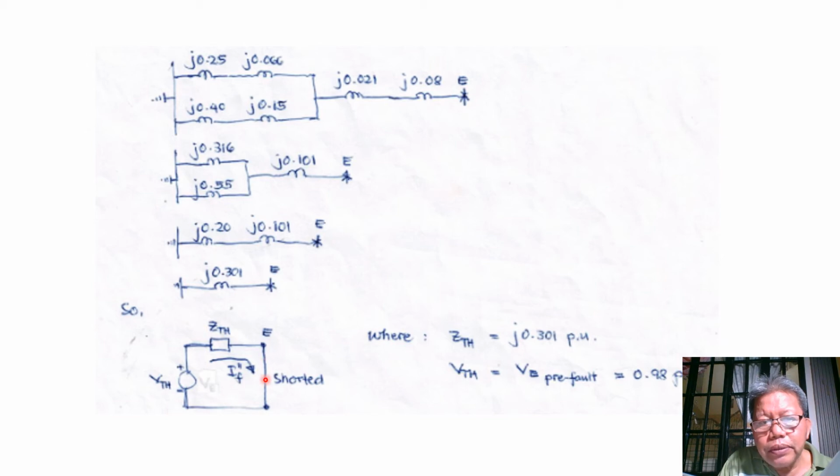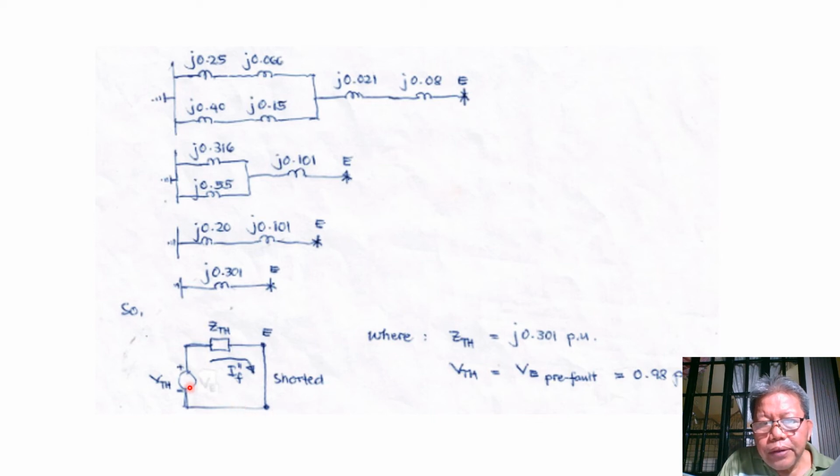Now, when bus E is shorted, because our equivalent positive sequence network is this, we short the terminals at bus E with respect to ground.